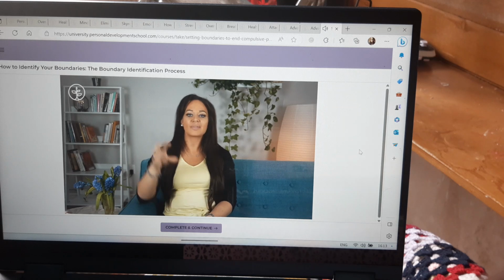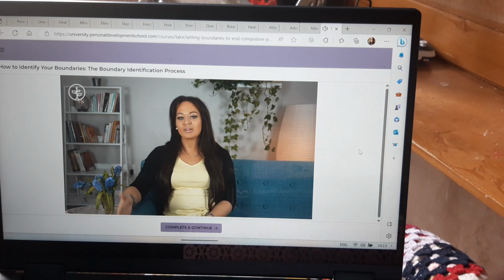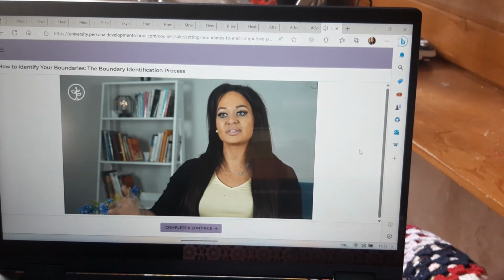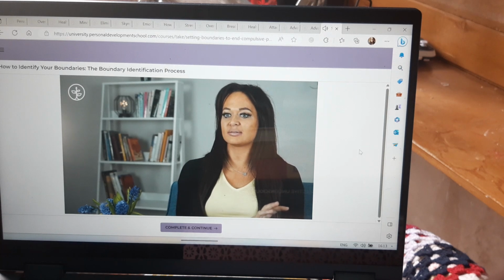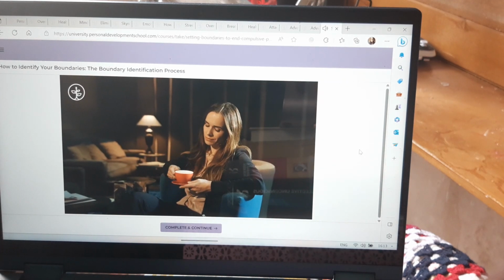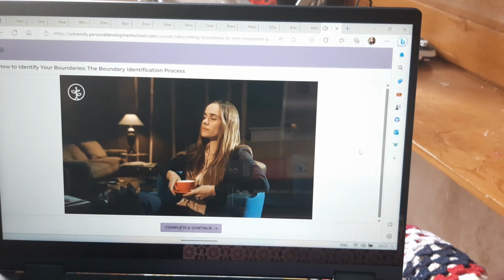But before we do that, the boundary identification process is an example of doing something when you're clear already that a specific boundary was violated. Another way you can use this identification process before we go into the expression process is to go home at the end of your day and just identify anything that made you feel bad. So maybe you aren't sure that there's a clear boundary violation.